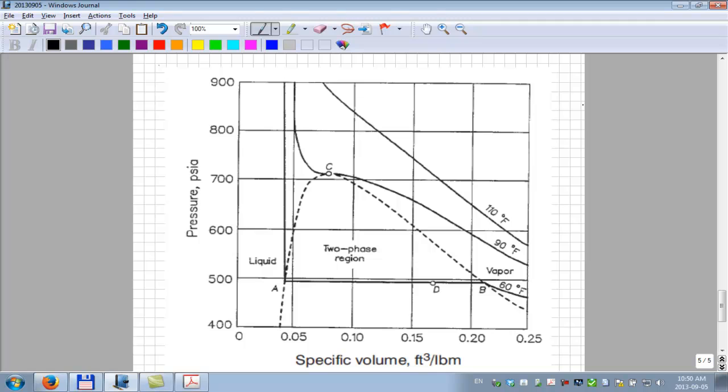I'm hoping you're curious. We're going to look at 60 degrees Fahrenheit. We know the vapor pressure is around 490 psi for ethane. And we know that the actual measured data, because this is based on measured data, looks something like this.